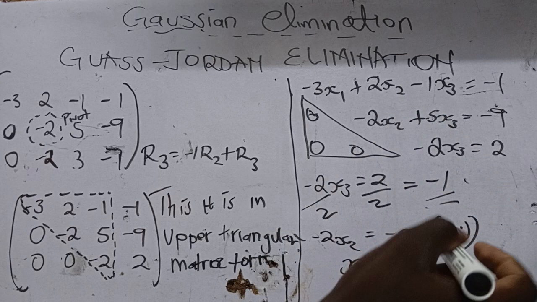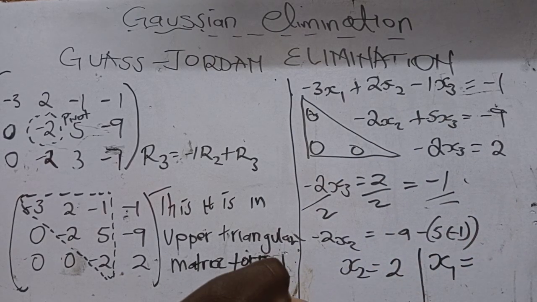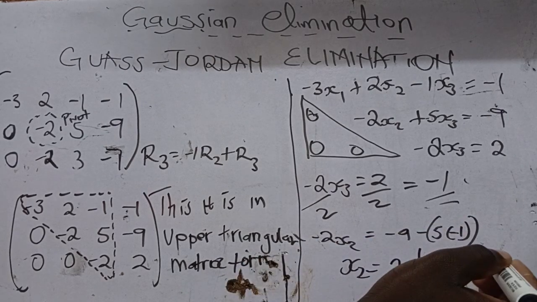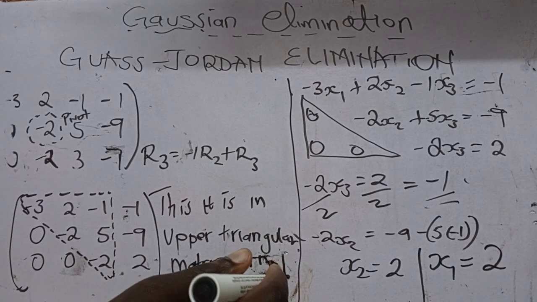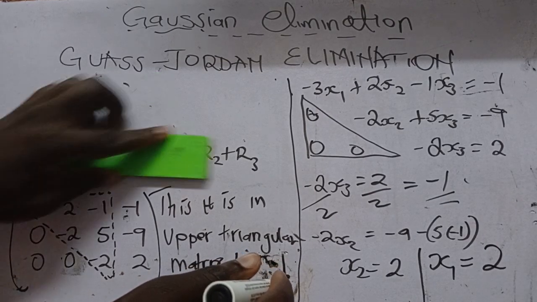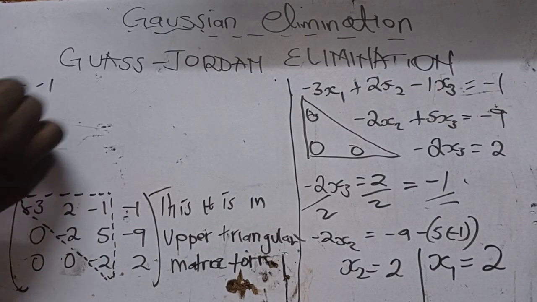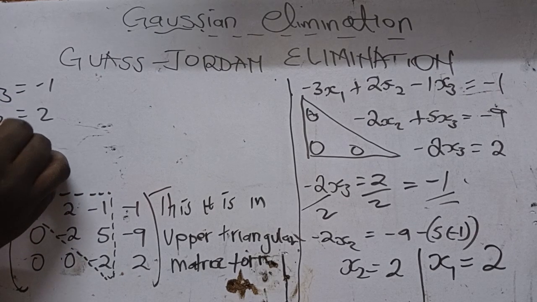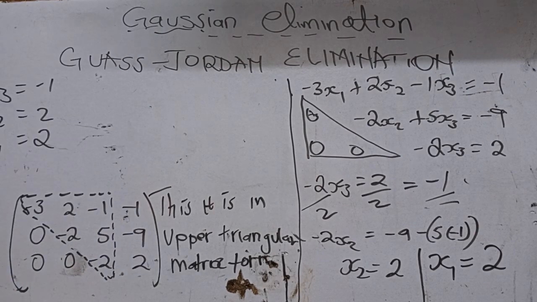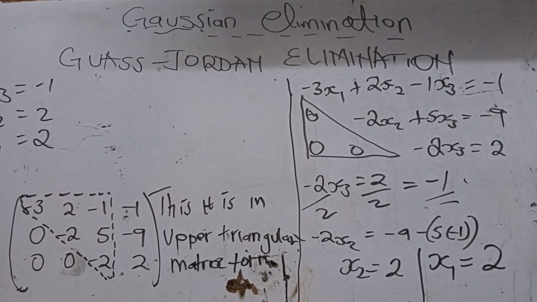And if you substitute this one, x1 you will find it to be 2. So now x3 is negative 1, x2 is 2, x1 is 2. The problem is now solved.